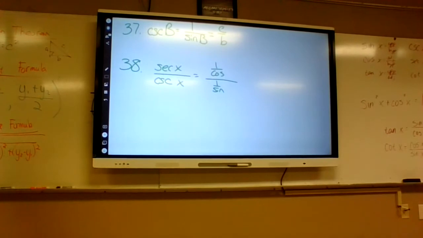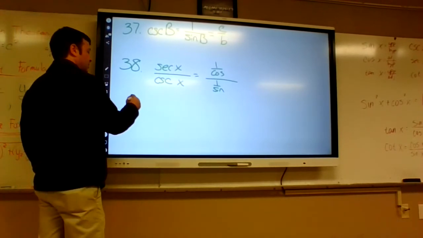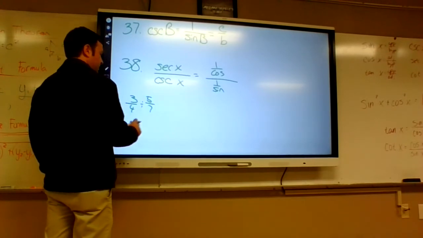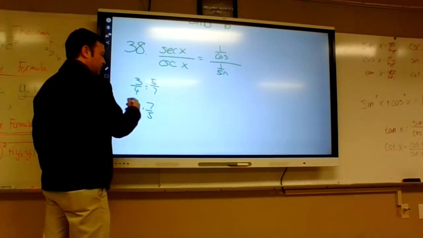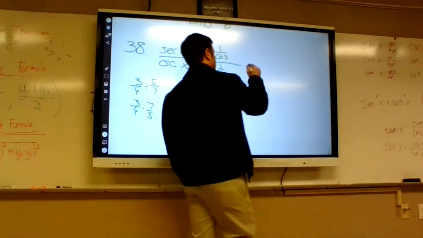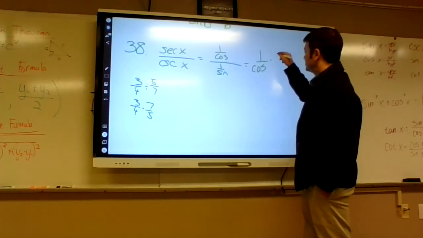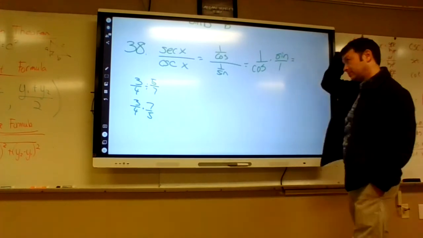How do we divide fractions? Like if I was doing 3/4 divided by 5/7, you flip the second one, so you do 3/4 times 7/5, and then multiply top and bottom. So this is 1 over cosine times, flip this one, sine over 1.